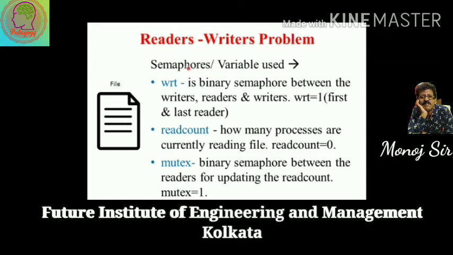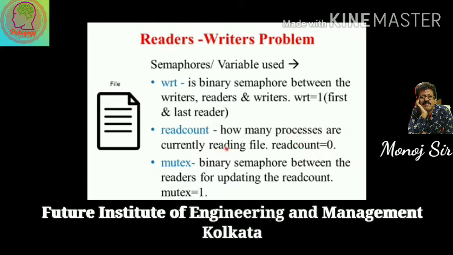And whenever we implement semaphores to solve the reader-writer problem, we have 3 variables. One is WRT, a binary semaphore between the reader and writer, used by the first and last reader. Another variable is read count, which is used for how many processes are currently reading the file. Initially, read count equals 0.